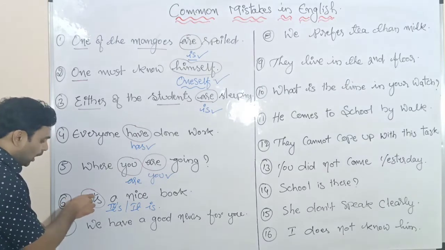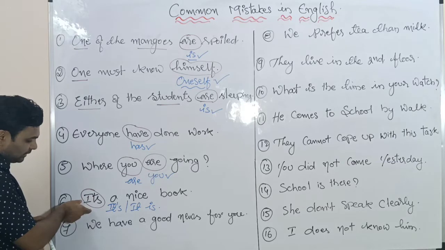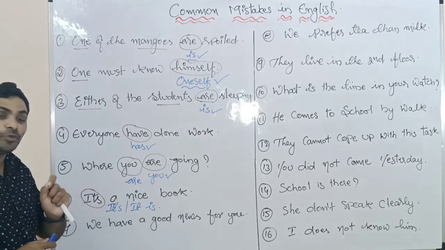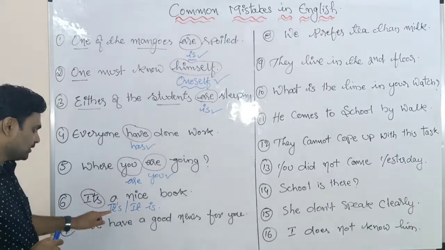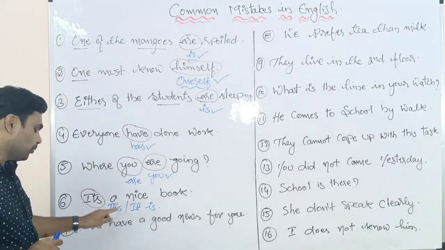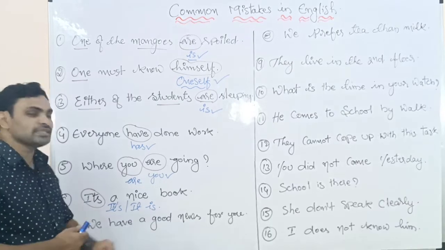There should be an apostrophe after the letter T, whereas in this case there is no apostrophe. Therefore, this is wrong. Write it like this: I T apostrophe S, or you can write directly, it is a nice book.